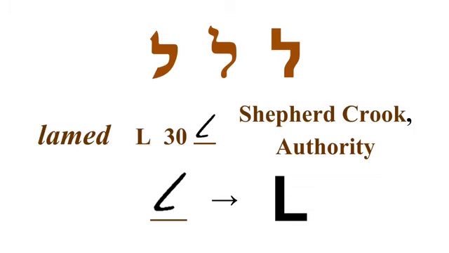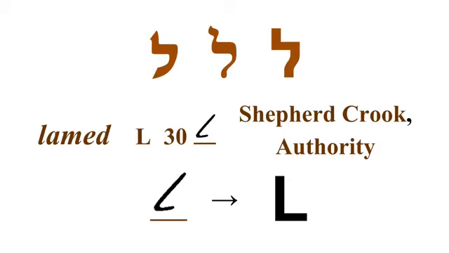A new letter, because we're trying to get to the third word, and the new letter we need is a Lamed. Okay? A Lamed is the 12th letter, I believe, in the Hebrew alphabet, and it's got a value of 30. You can see where we get the letter L from. It's not a stretch.